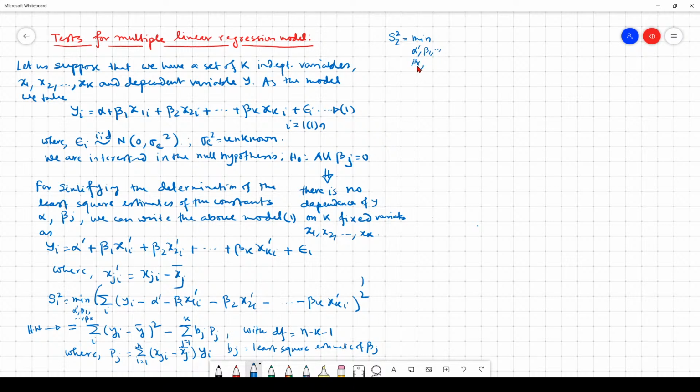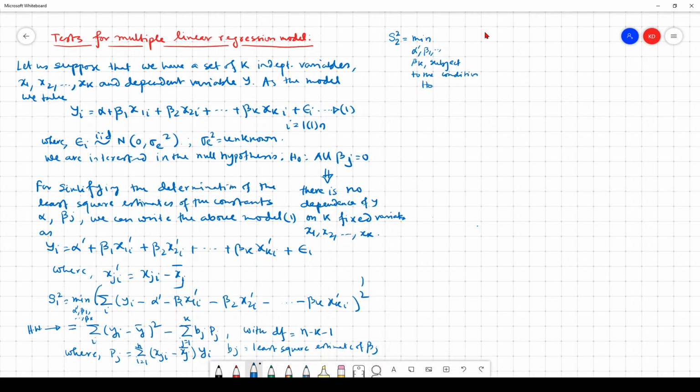With another restriction, that is, subject to the condition H0.